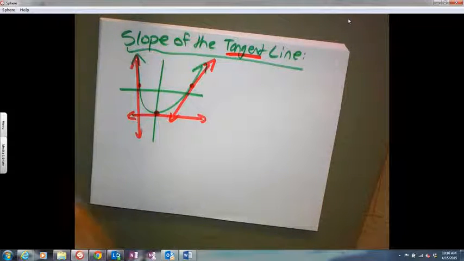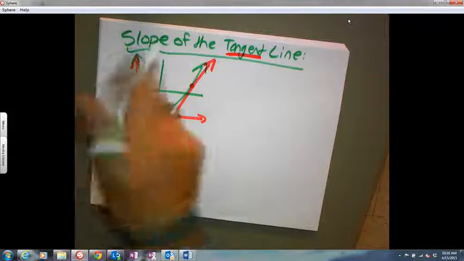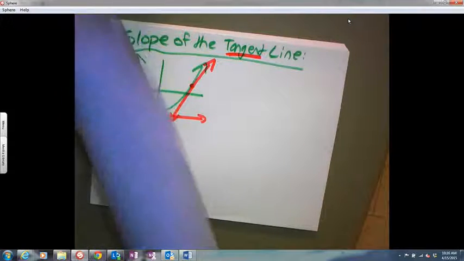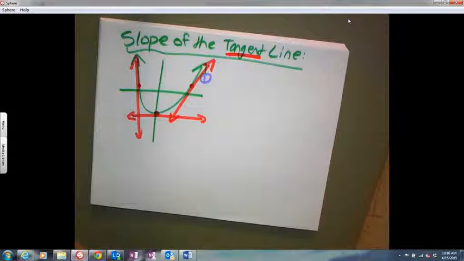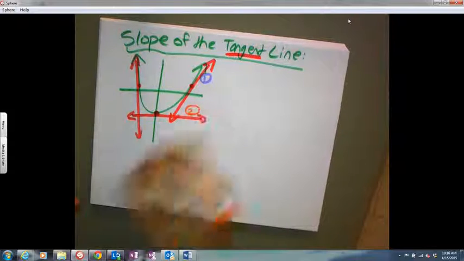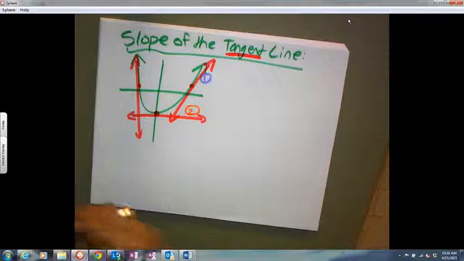Well, here's why. So let's call this tangent line 1. Call this tangent line 2, and call this tangent line 3.